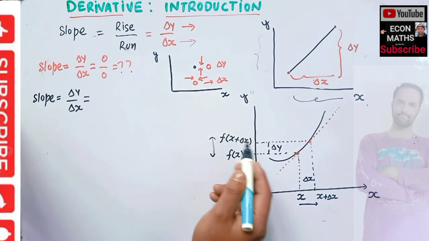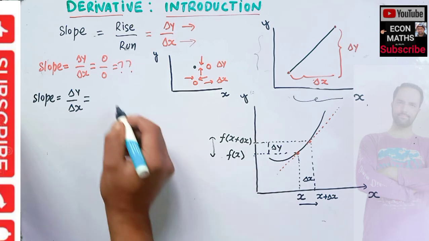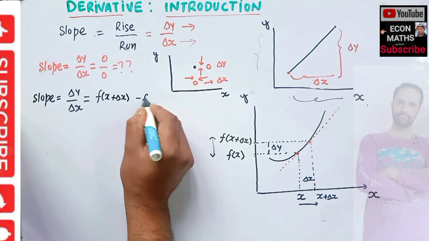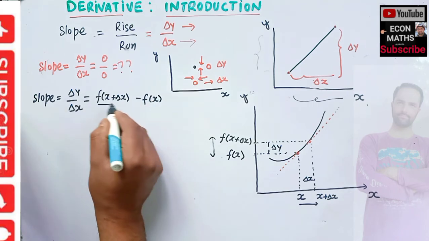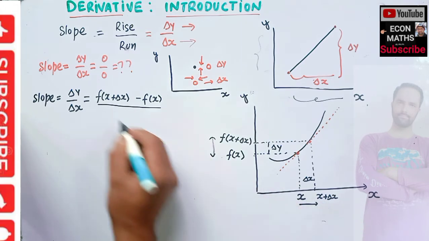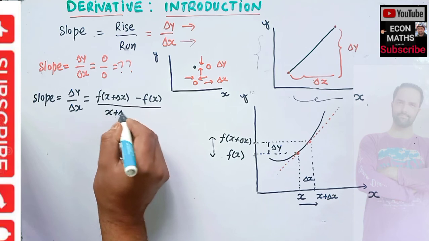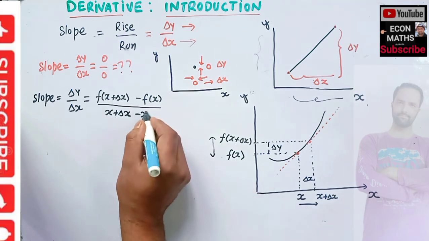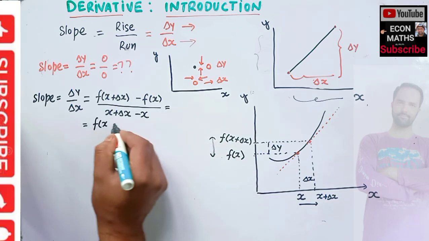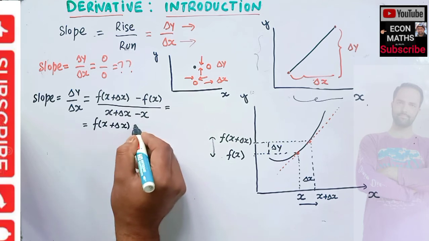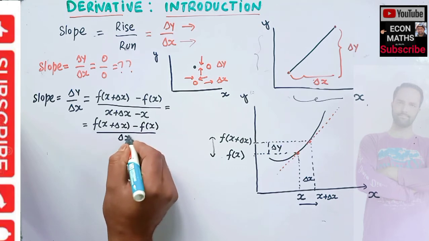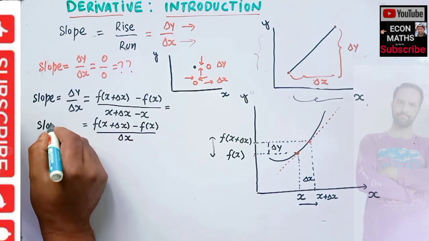So this change is corresponding to this change. Then if we use this very formula, slope is equal to change in y upon change in x. The change in y is this point minus this point, so we have f of x plus del x minus f of x. And the change in x is x plus del x, the final position, minus this x. This comes out to be f of x plus del x minus f of x upon del x. This will be our slope formula.